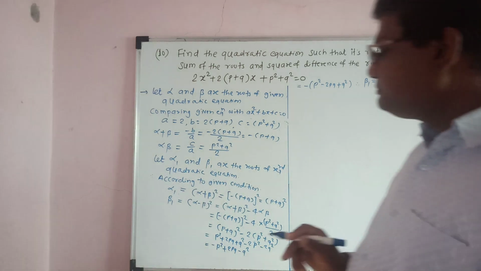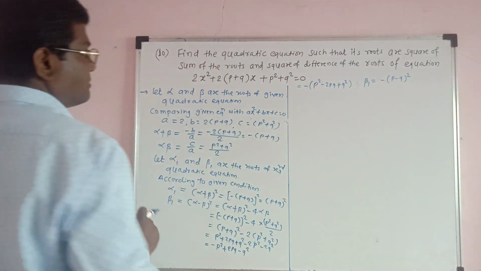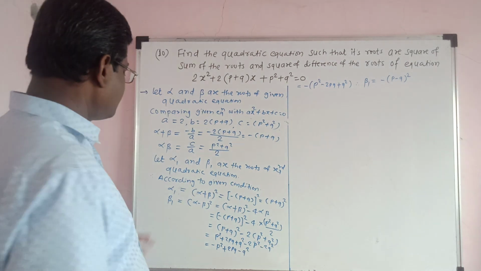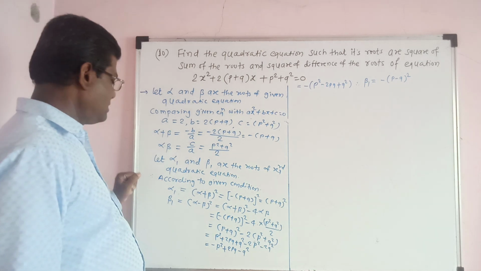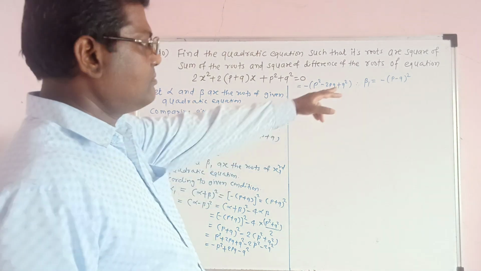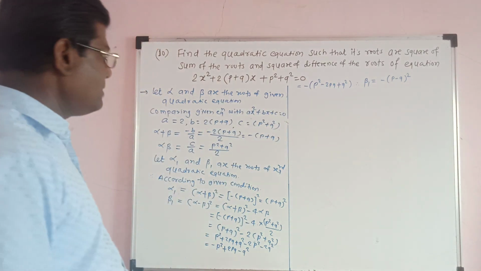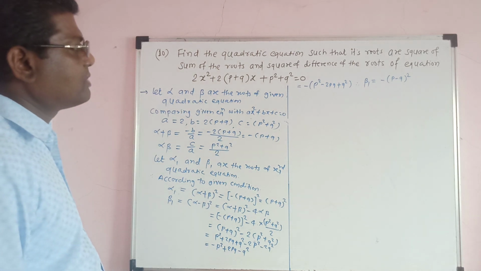Thus the roots of the required quadratic equation are alpha 1 = (p + q)² and beta 1 = -(p - q)².